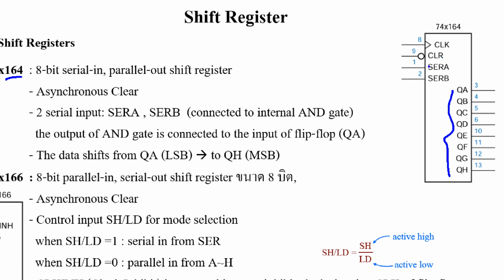The input that shifts from this to this is from serial A and serial B together. The output of this AND connects to the input of QA, QA connects to QB, QB connects to QC, and so on. That means when the clock ticks, data will shift in this direction: QA to QB, QB to QC, and so on.